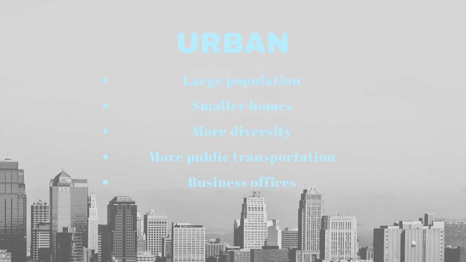And, of course, there's more public transportation, like buses, trains, subways, trolleys, you name it. And lastly, oftentimes, businesses will locate their main offices and headquarters in urban areas. This is why we see lots of big companies with their headquarters in the city.